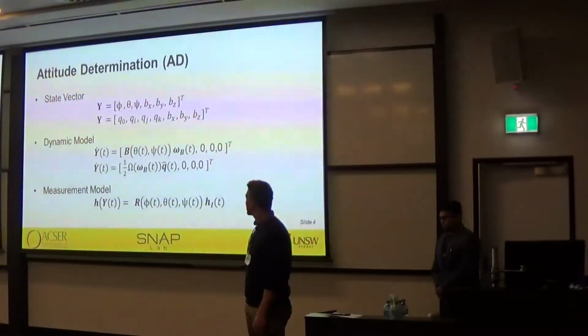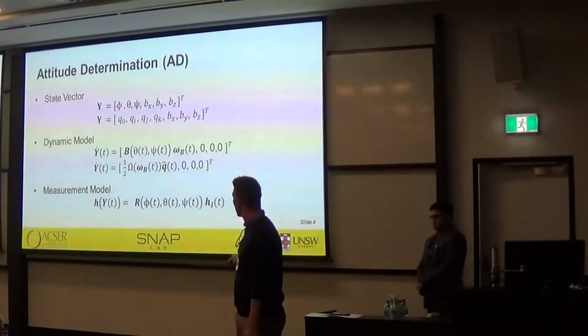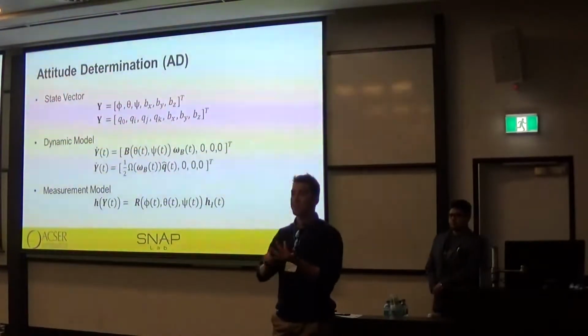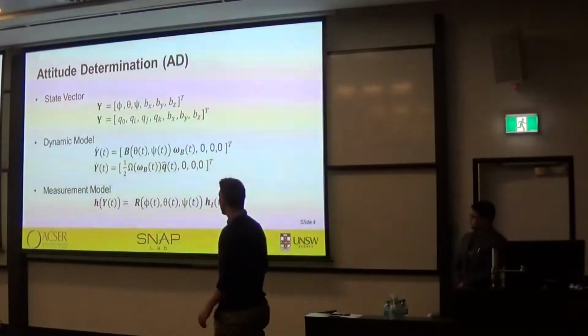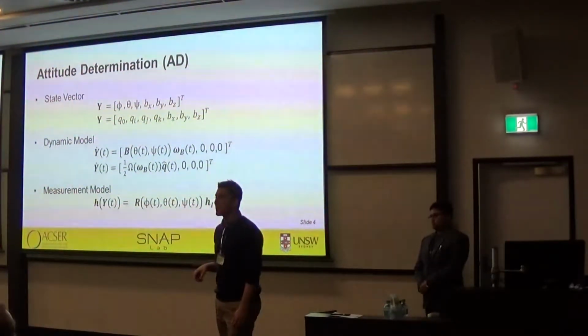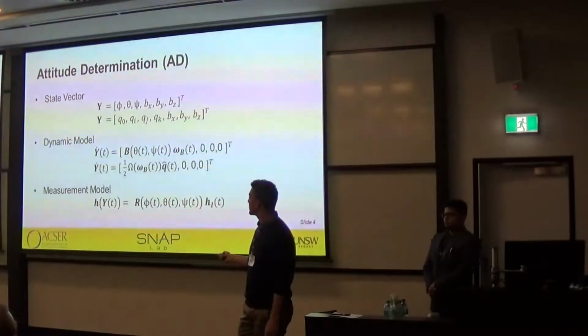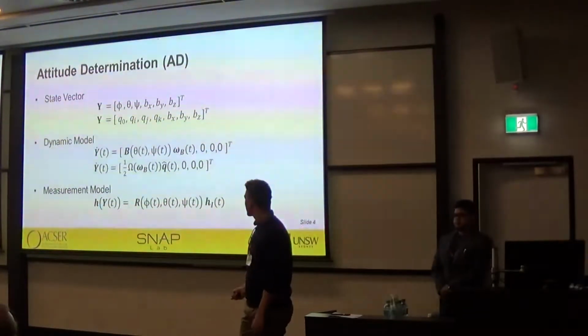The measurement model is relatively simple. We have some vectors, our Earth, our Sun, and our magnetic sensors that I was talking about, in an inertial frame, and we simply rotate that into the body frame, and that gives us an error, and that's used at the correction stage.